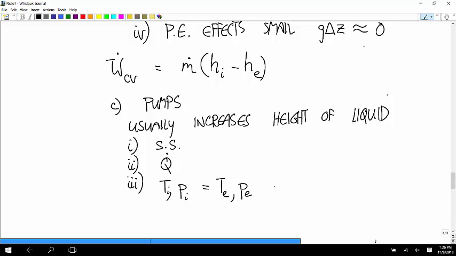So what does that do for us? Yeah, so h_i minus h_e, those are the same. So we can ignore that effect.